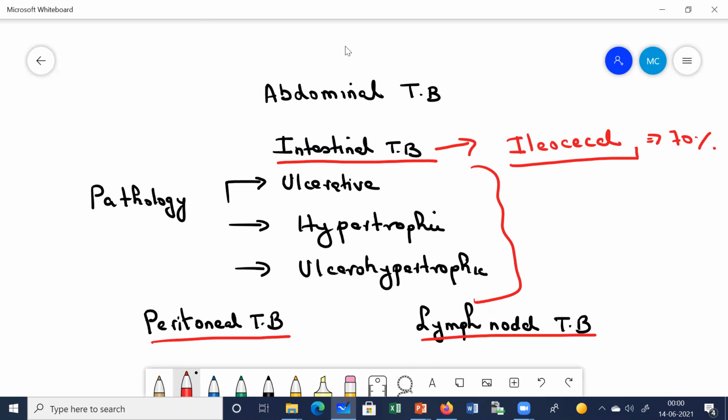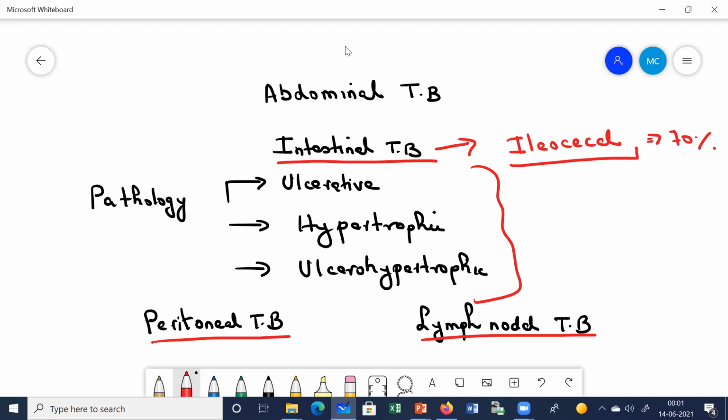Because in this region there is increased physiological stasis, and there is a lot of lymphoid tissue. There is also increased fluid and electrolyte absorption. That is why the ileocecal region is most commonly affected.